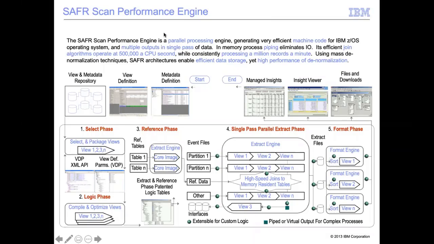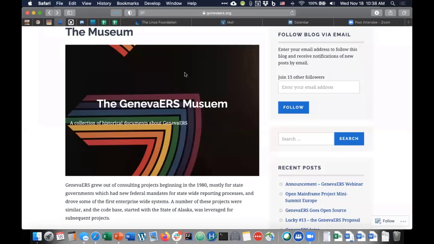Where we'd like to go, let's give Apache Spark its due here, right? As well as we're looking at the GenevaERS project, and maybe I could go briefly to the GenevaERS site.